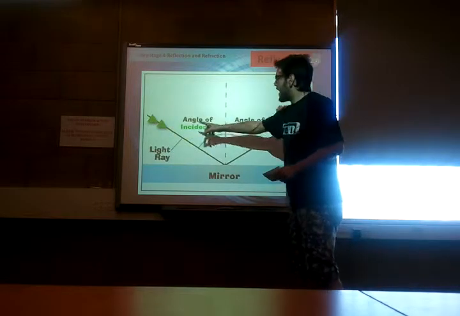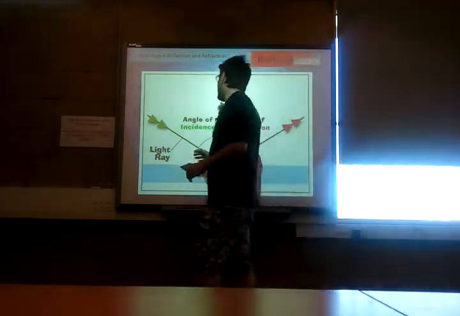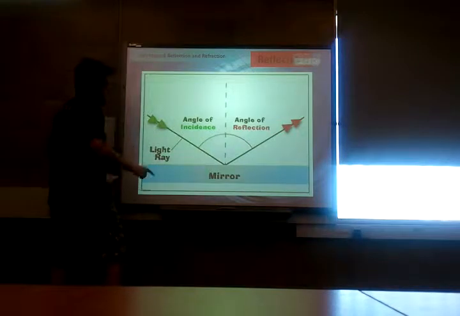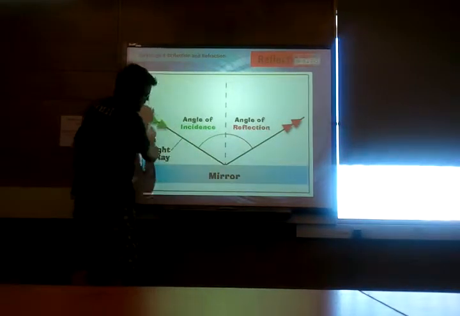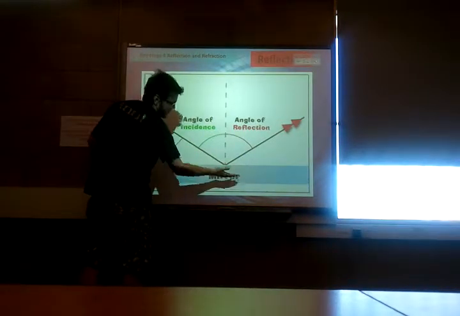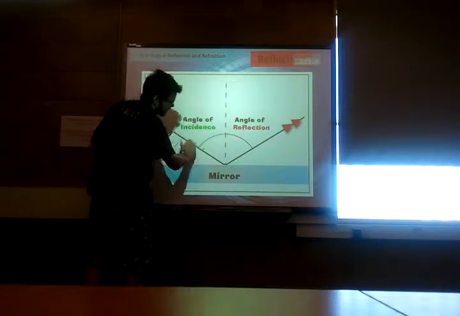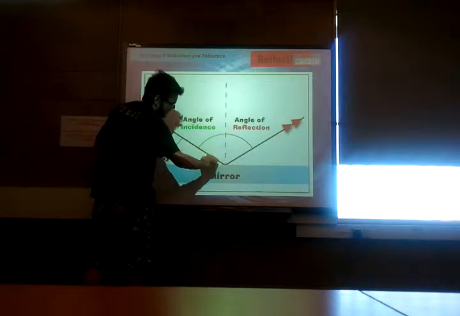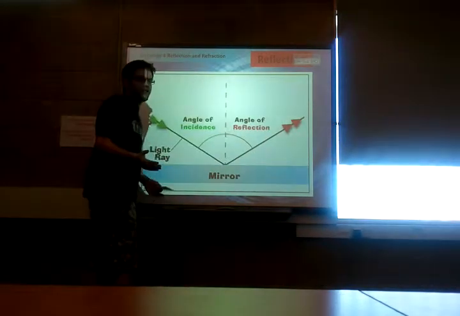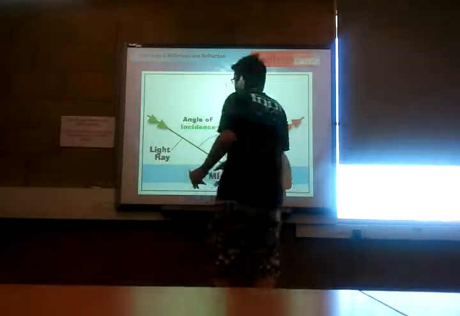The first rule is that the angle of incidence is the angle at which the light ray hits our object, in this case a mirror. To keep things nice and simple, our angle of incidence is the angle at which the wave hits the mirror. As it's reflected, nice and easy, it's called the angle of reflection.